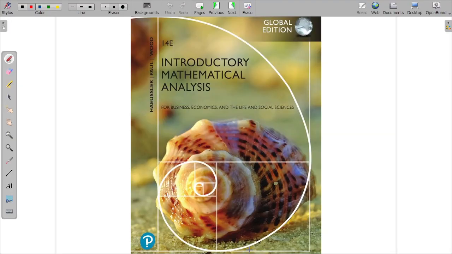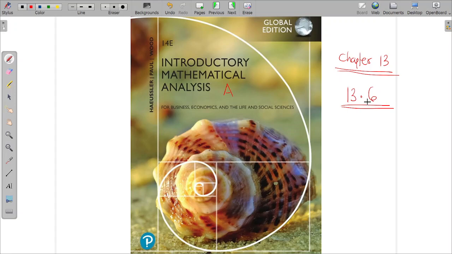Alright, welcome back to Introductory Mathematical Analysis A, and we are still in chapter 13. In chapter 13 now we are going to go into 13.6.